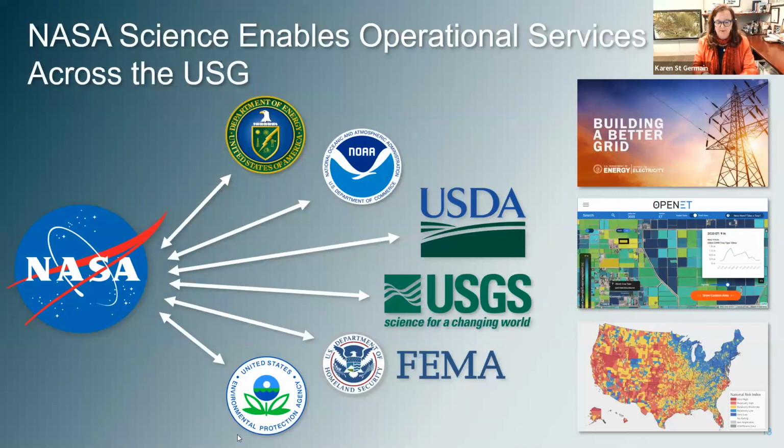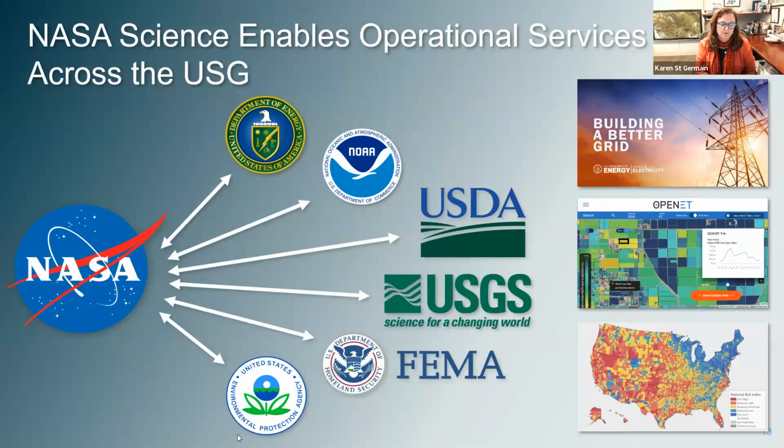You all may or may not be familiar with the work that NASA does to enable operational services across the US government. We just signed a new MOU to increase our collaboration with USDA. That was at a ceremony between Bill Nelson and Tom Vilsack last week.